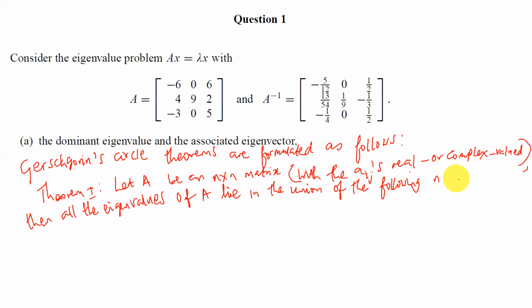It's very important that it is understood. No one is going to ask you to state it, but it's very important for us to be sure of what it states as we're going to use it in this question.